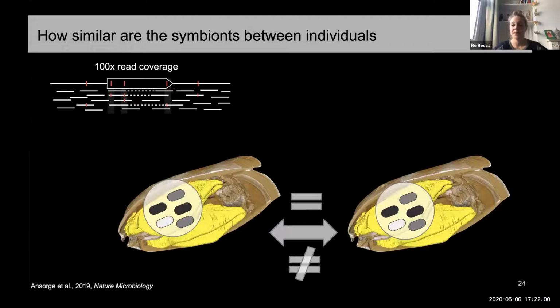So this basically helps us to complement for the lack of culturability of these symbionts at this present stage. So using the SNP data, we really wanted to understand how similar the symbiont populations of two different host mussels that occur at the same site are.